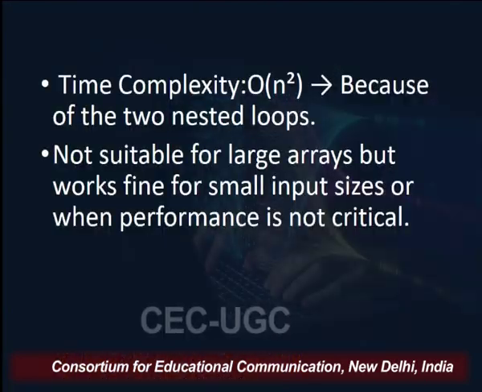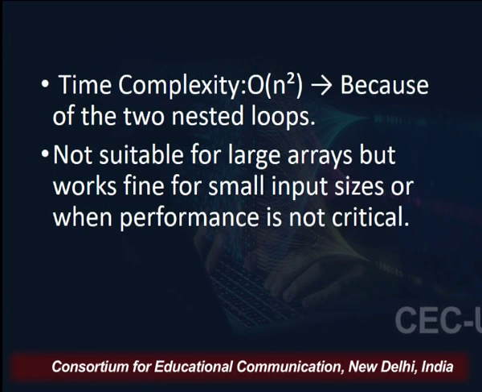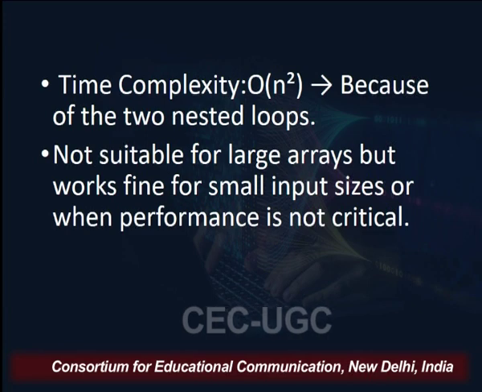If we talk about the time complexity, it is very straightforward and simple: 2 nested loops, so the complexity is going to be order n square. With this huge complexity, this naive method is certainly not suitable for large arrays, but it works fine for small input sizes, or when performance is not very critical.